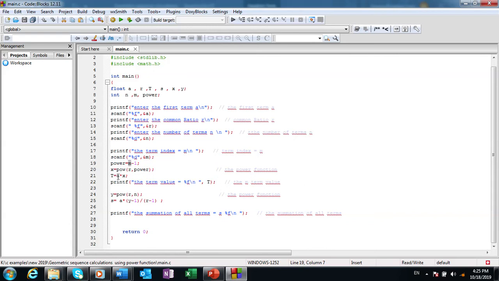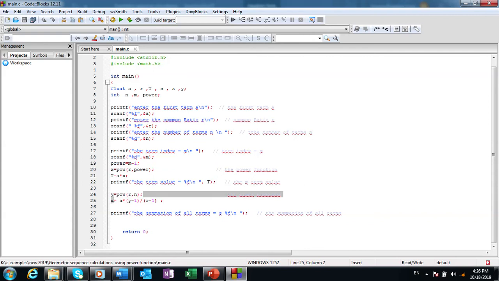Then the term equals a times x, and at last I output the value of term, whose index is m. And at last I calculate the summation of the total terms by these equations.